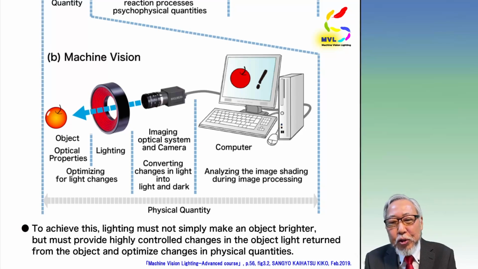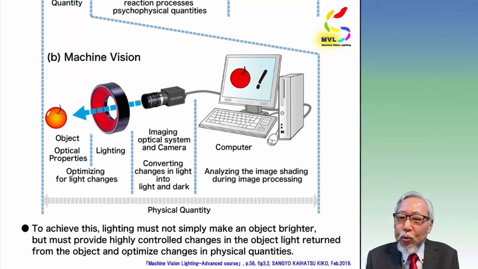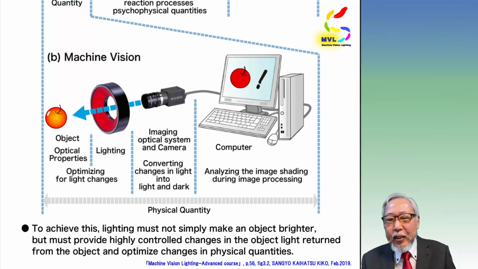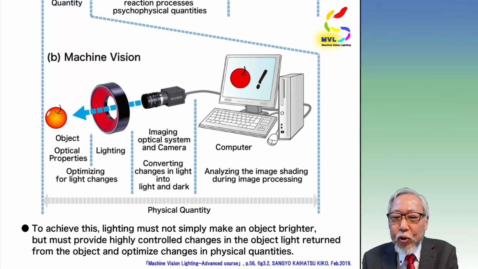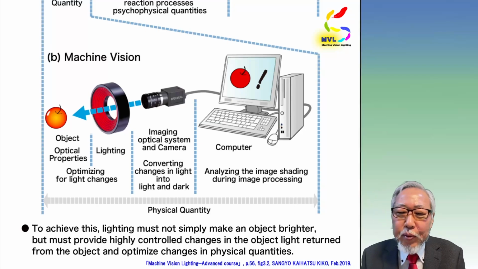And this image will result, so you could say that at the lighting stage, most of the machine's visual function is already decided. Therefore, if the lighting stage does not provide a quantitative image before the image is obtained, it will be failure.